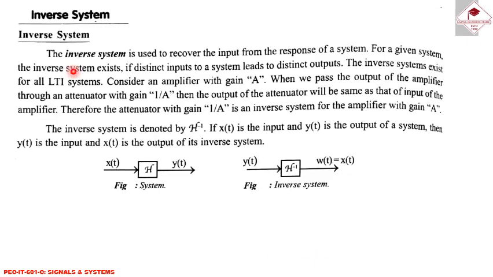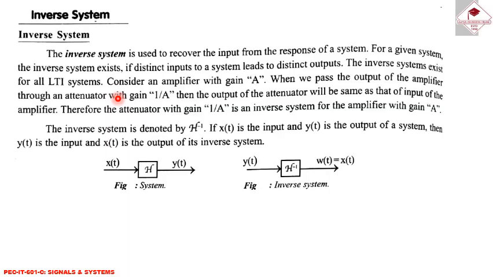Last is inverse system. The inverse system is used to recover the input from the response of a system. For a given system, the inverse system exists if distinct inputs of a system lead to distinct outputs.